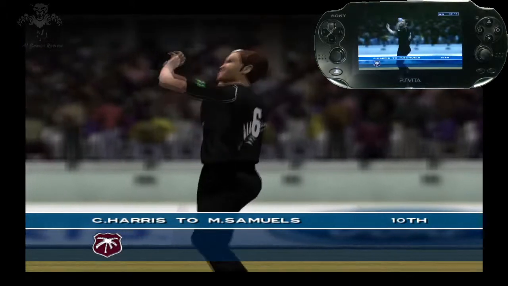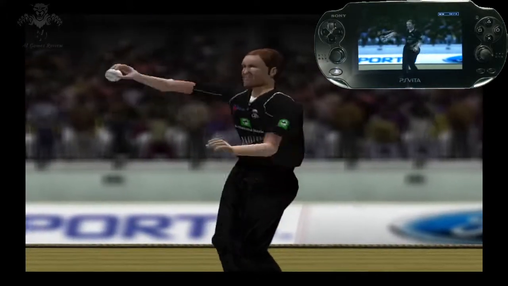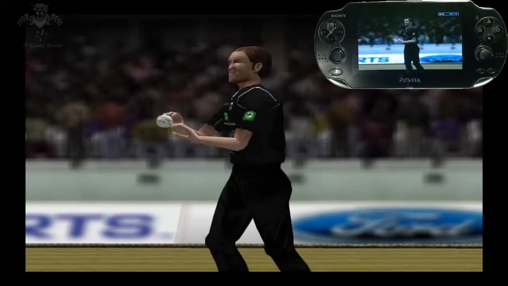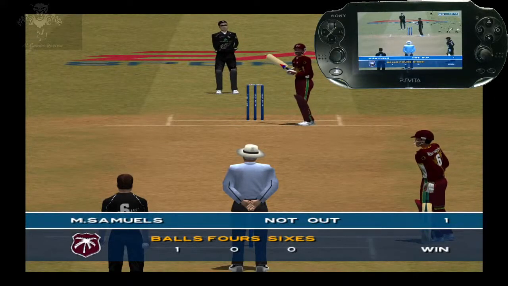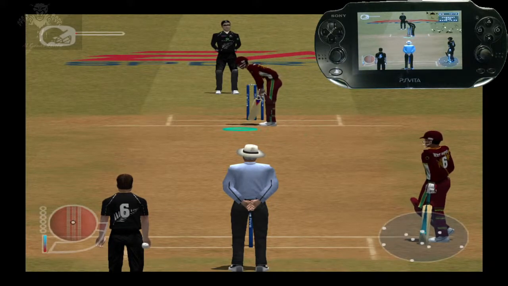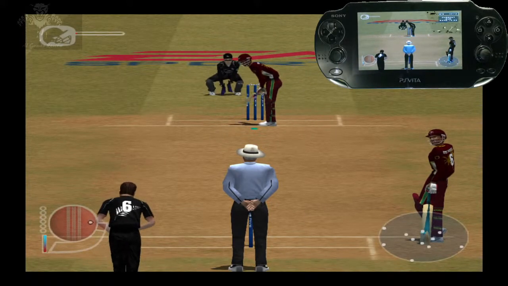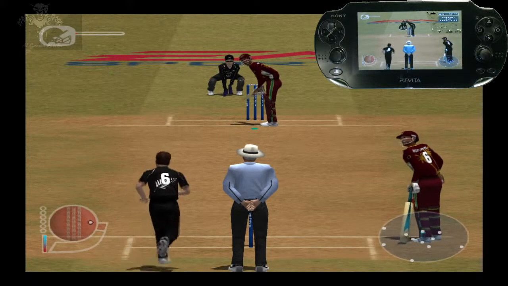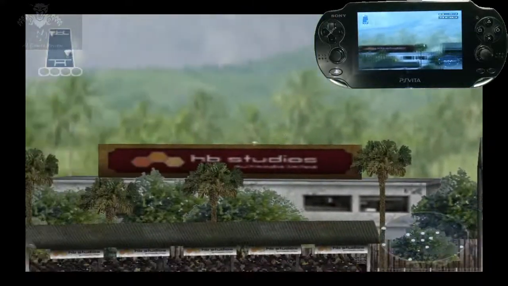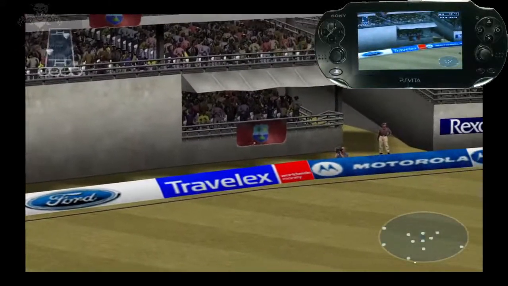There's a change in the bowling for New Zealand. Samuels is now facing. Really given that a whack. 6 runs.